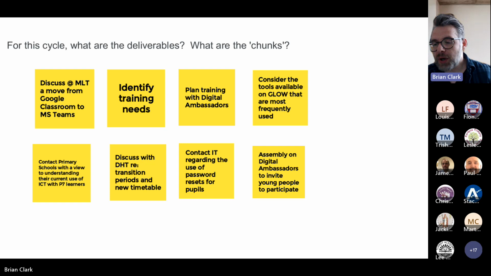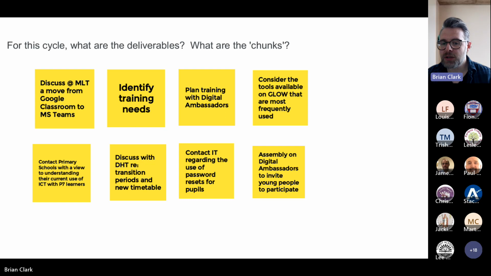Once you have this list of deliverable chunks or tasks, it sounds crazy to say this out loud, but sometimes we don't do this as thoroughly as we maybe should.